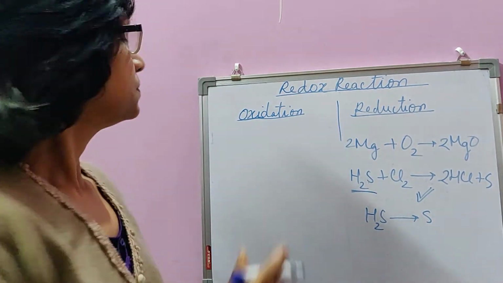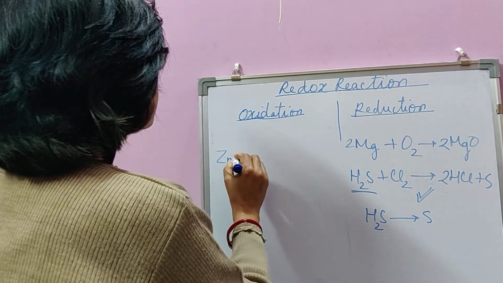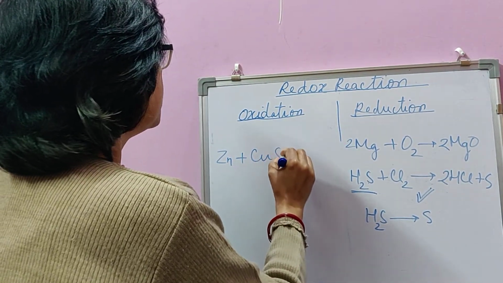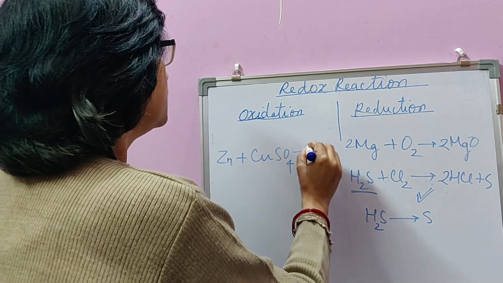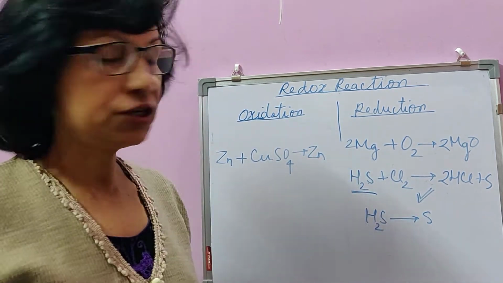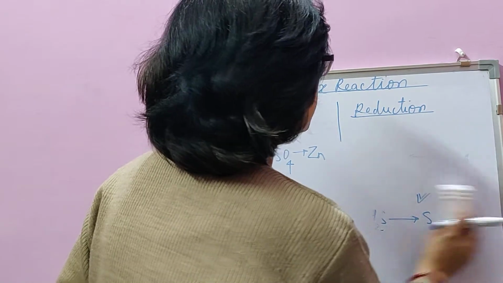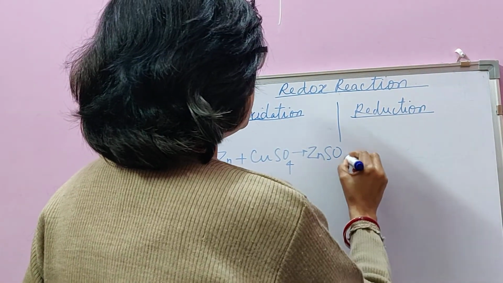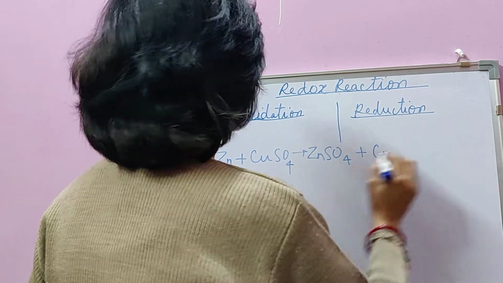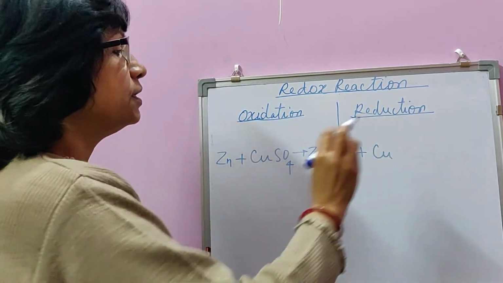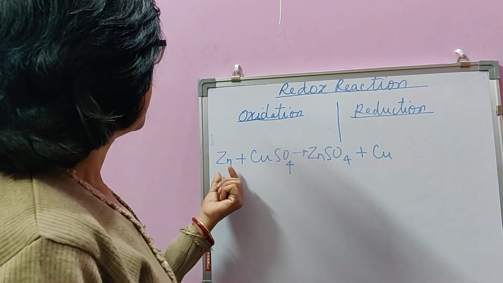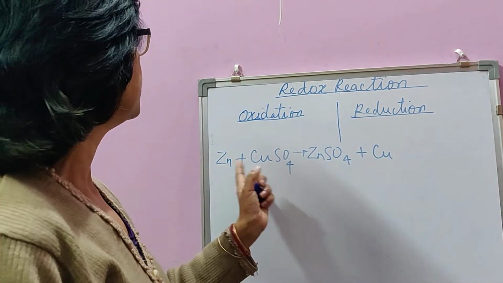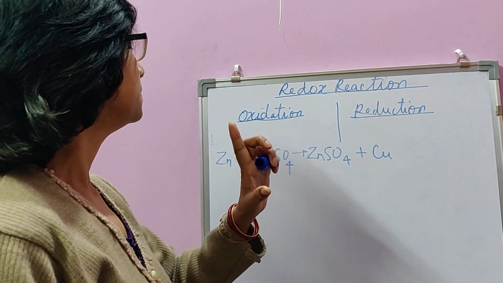Take an example, you know about zinc plus copper sulfate. Then a displacement reaction takes place: ZnSO4 plus Cu. Apparently in this neither oxygen is added or removed to any of the substances nor hydrogen.